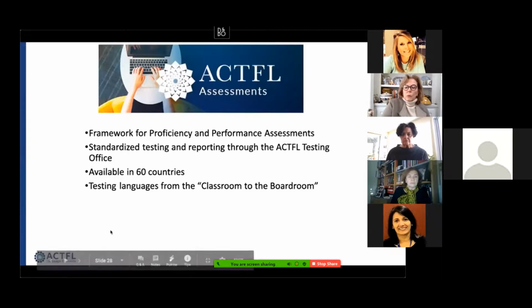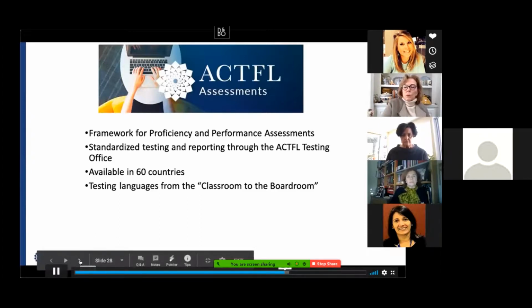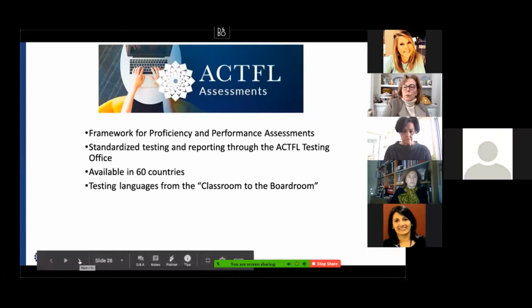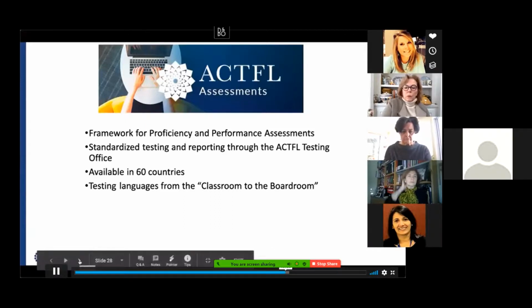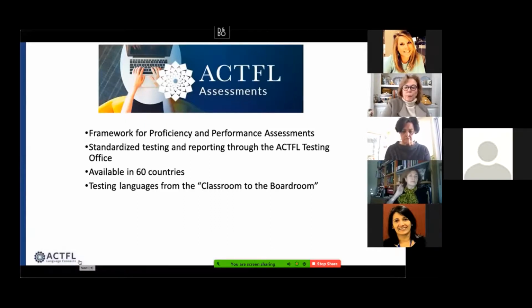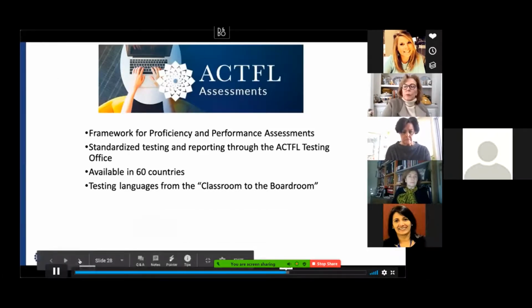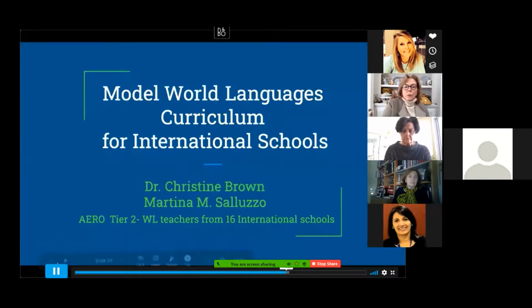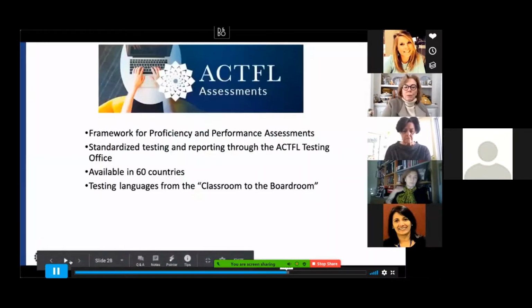Right now, when we are living in an era of remote testing, all testing is done in a remote fashion. Ratings are portable. Ratings can go from country to country, from continent to continent, and as we like to say, the ratings can go from the classroom to the boardroom, from the academic world to the world of the workplace.